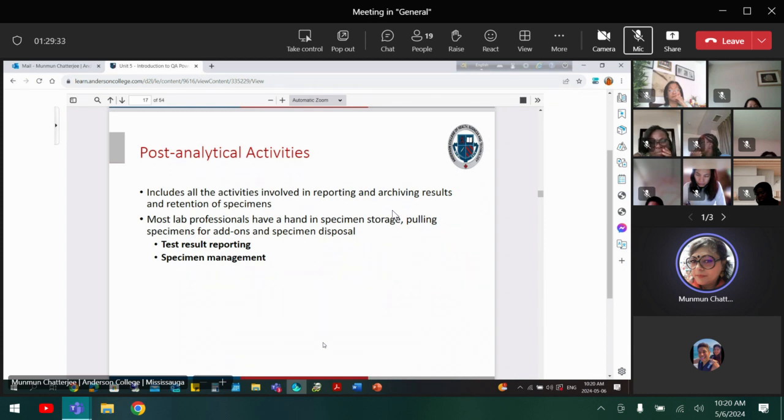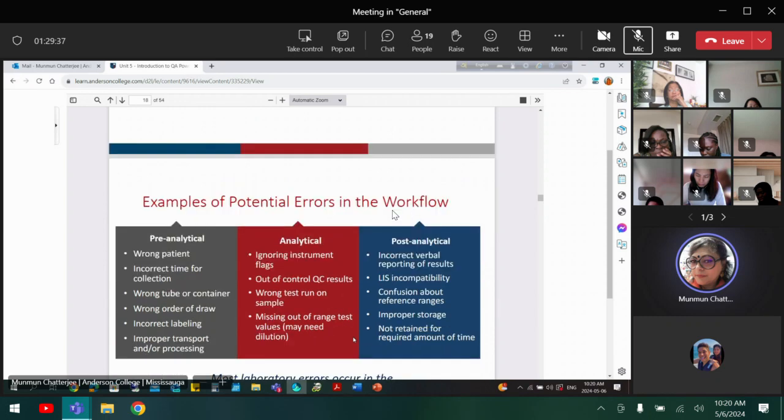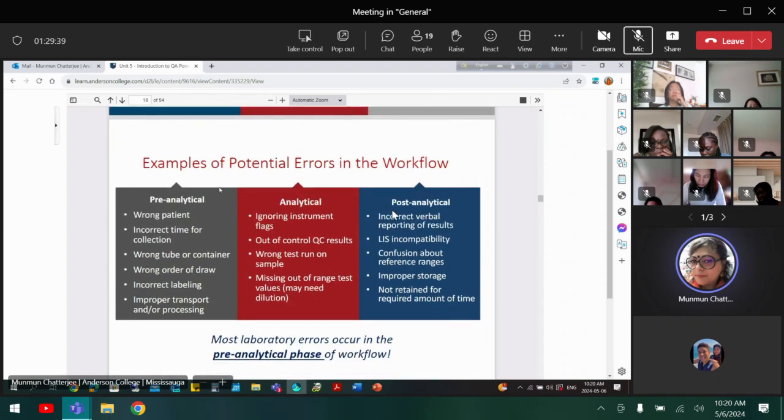Test results reporting and specimen management. These are the two main ones. An example of this slide has been shown before. Again, an example of potential error in the workflow, where it has a problem. Pre-analytical: wrong patient, incorrect time for collection.